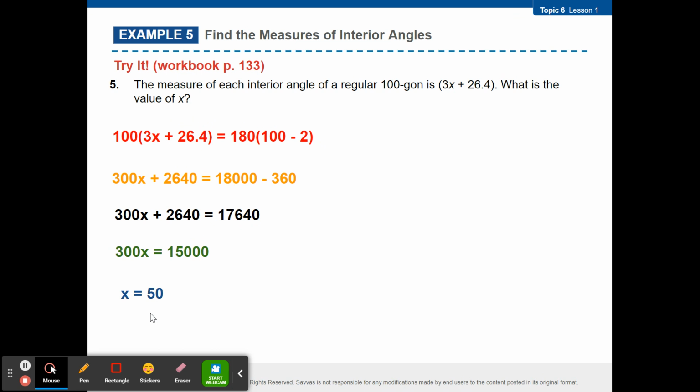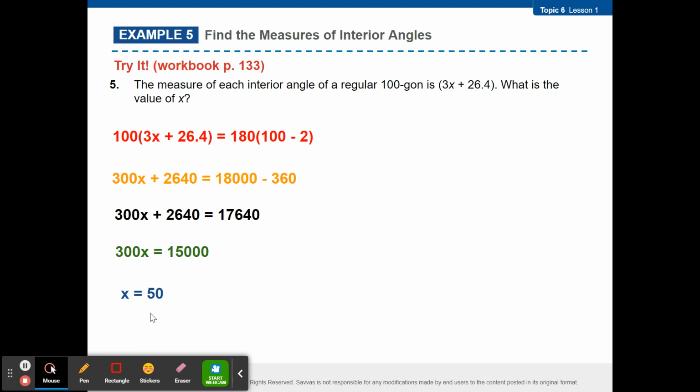So, what is x doing? It's not giving me the number of sides or vertices. What is x? What is it telling me? Yeah, if I substitute this in, I get the angle measure back that I need for this 100-gon, right? So be careful with that.